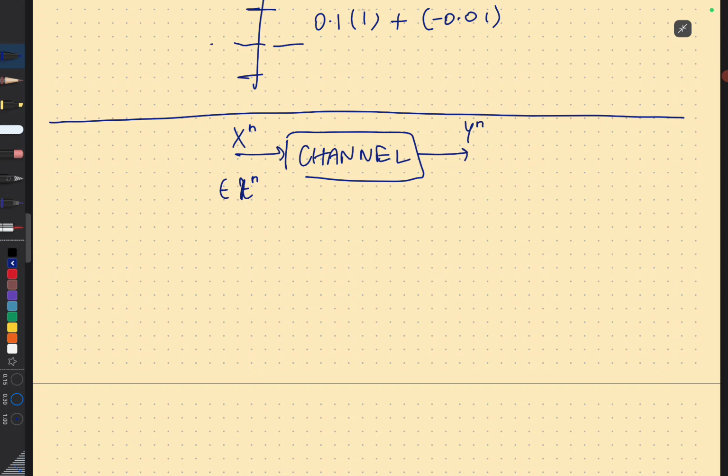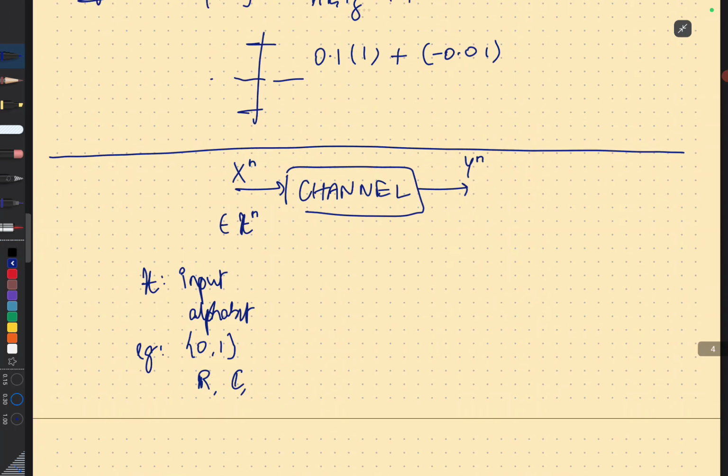All right, and this X is called the input alphabet. For example, the input alphabet could be binary. The input alphabet could be the set of reals. It could be the set of complex numbers, doesn't matter. But one thing to keep in mind is that right now I'm assuming a discrete time system. Just for simplicity, but all of this can be extended to continuous time systems as well.